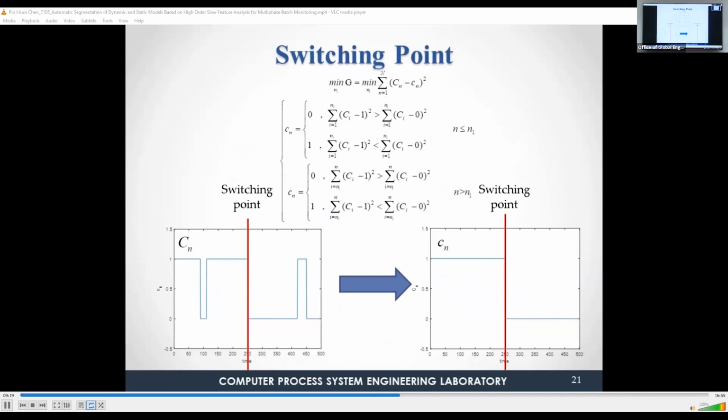It is to find a switching point and treat the same side of the switching point as the same features. In this way, the above-mentioned unreasonable classification can be ruled out.